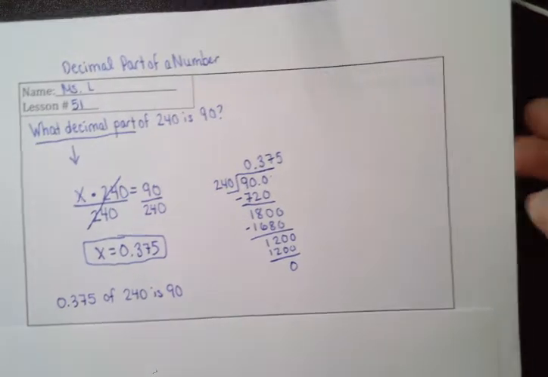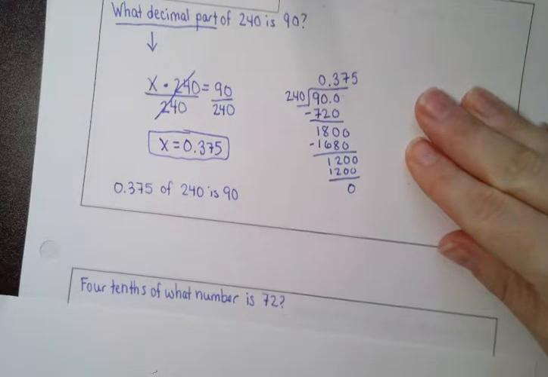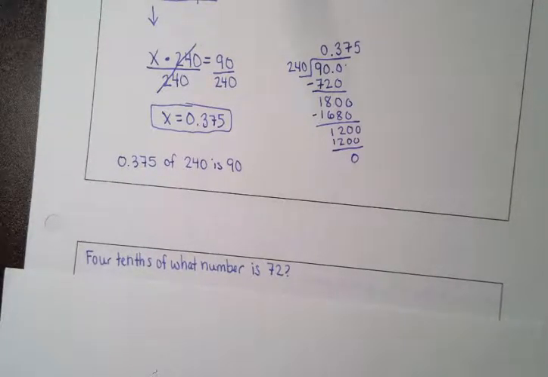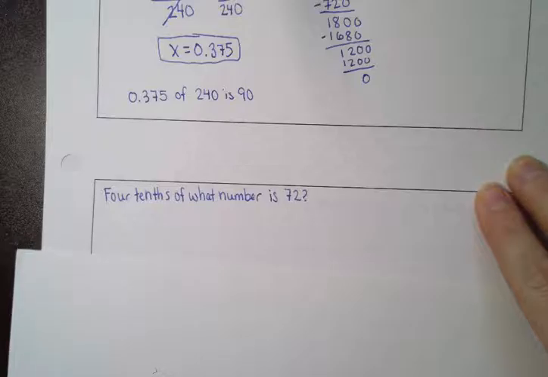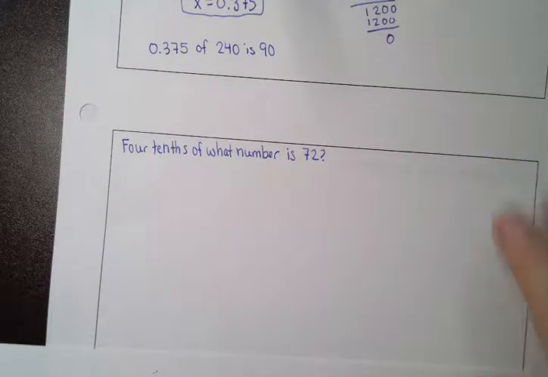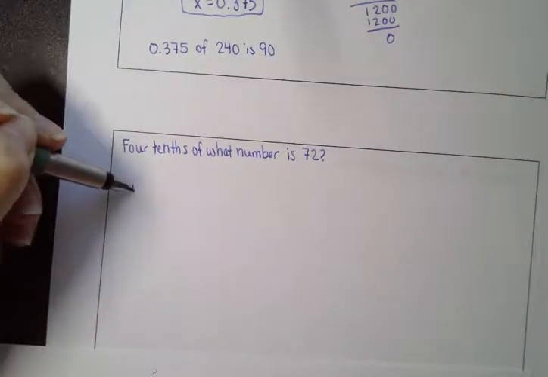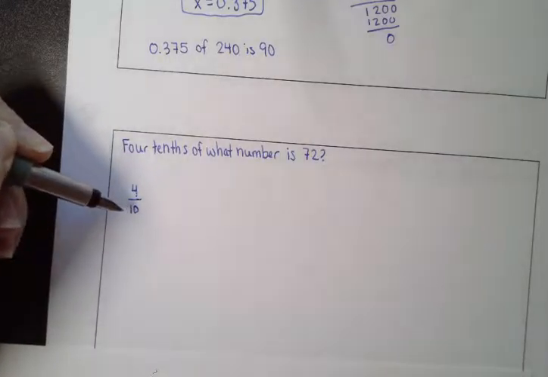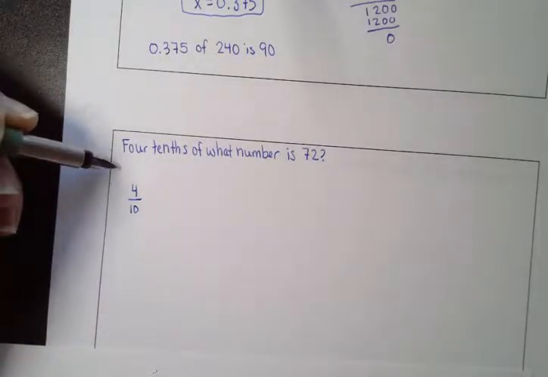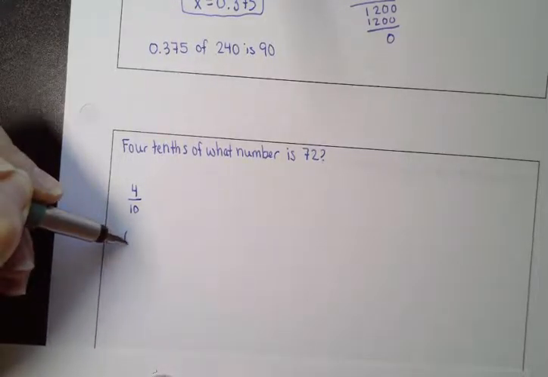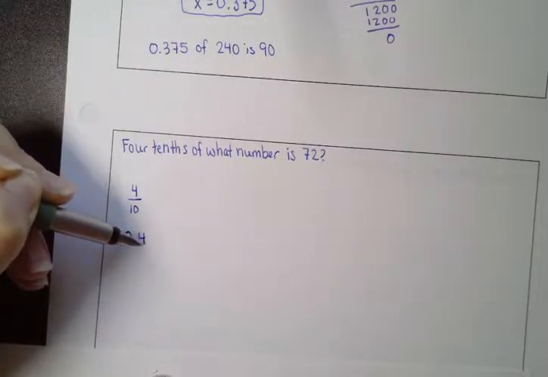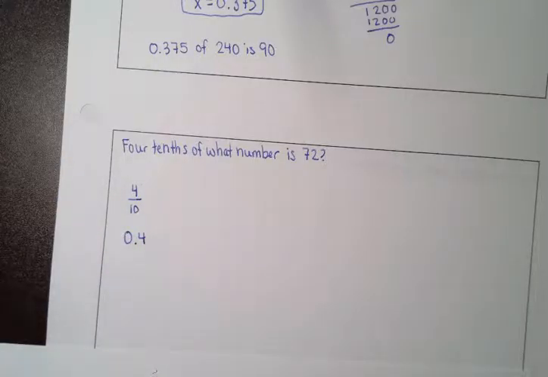Let's do another example. Next example is 4/10 of what number is 72? Since we're talking about decimals, when we see 4/10, you might want to write it as a fraction. It doesn't really matter, but since this lesson is about decimals, let's write it as a decimal number, which would be 0.4, because this is the tenths place.